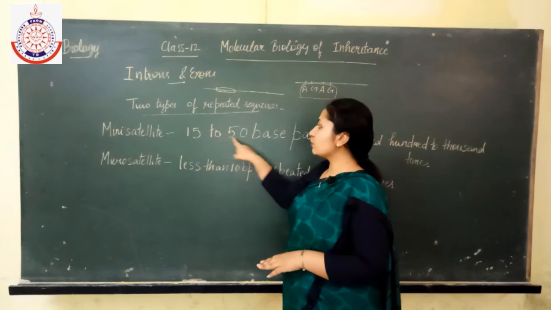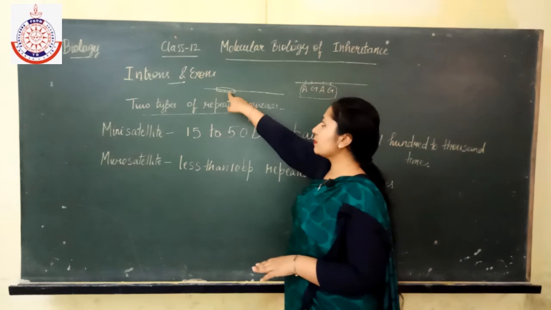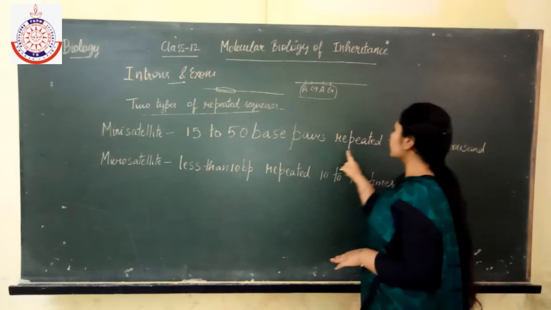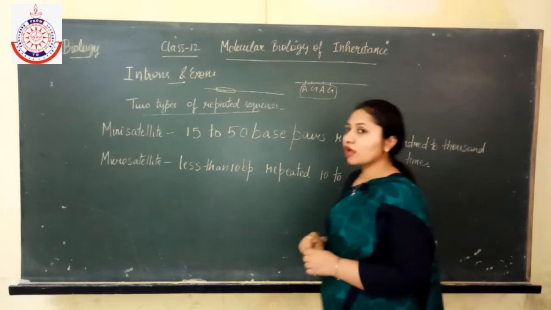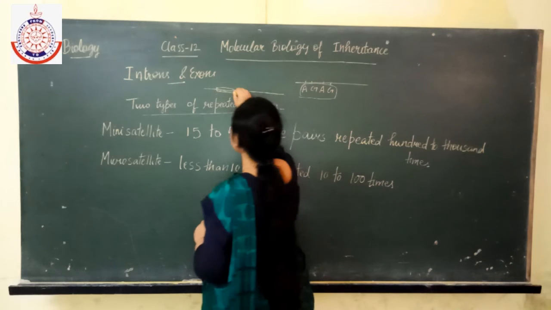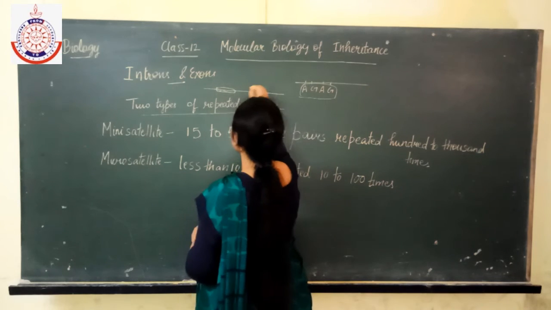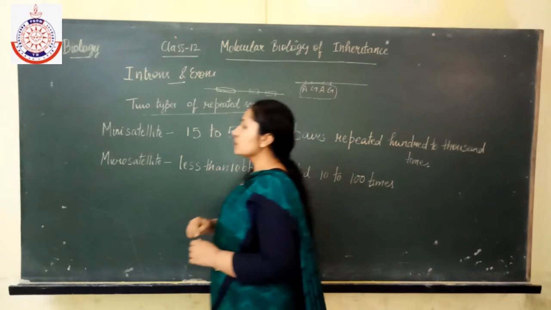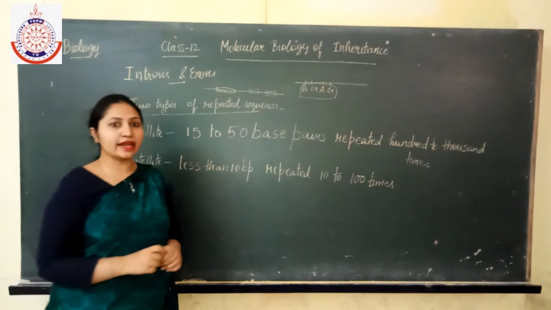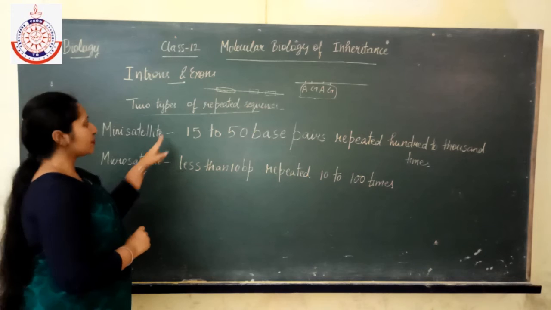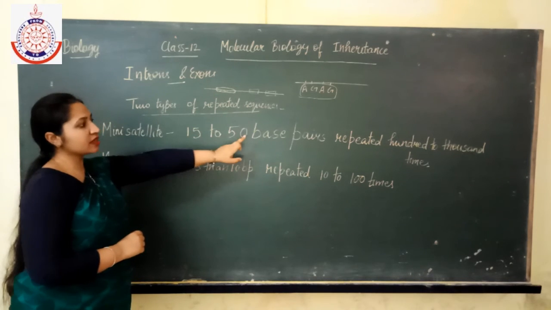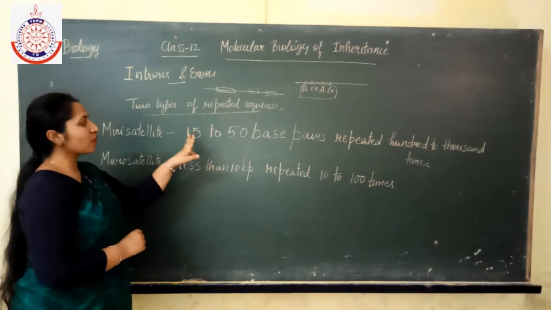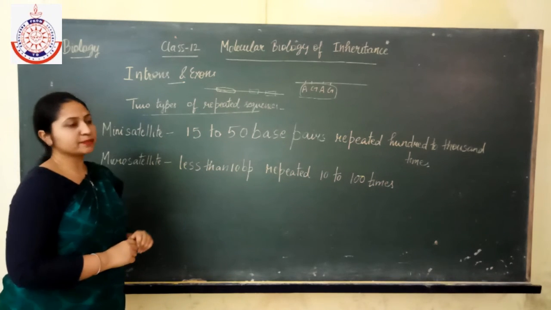This sequence is repeated 100 to 1000 times in the human genome. So this is known as the minisatellite: those repeated sequences which are present 100 to 1000 times, with a length of around 15 to 50 base pairs.